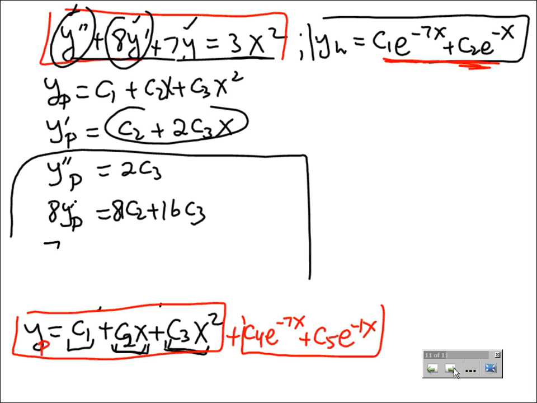And then I need 7y. So I'll multiply that by 7. I get 7c1 plus 7c2 x plus 7c3 x squared. Just multiplied by 7, like you told me to.